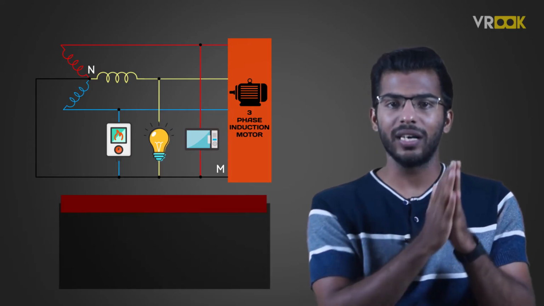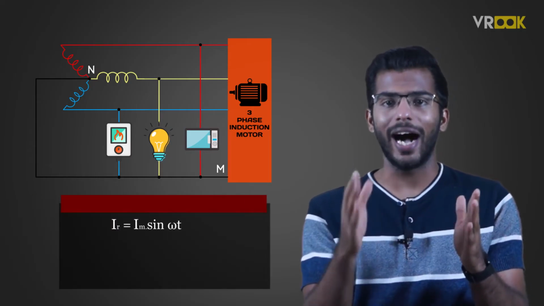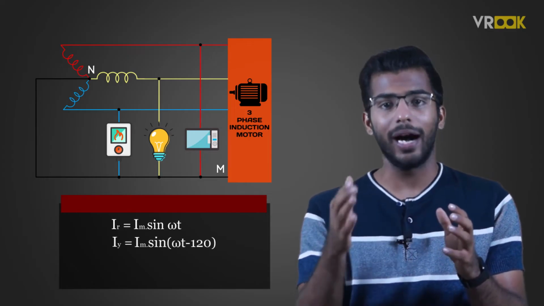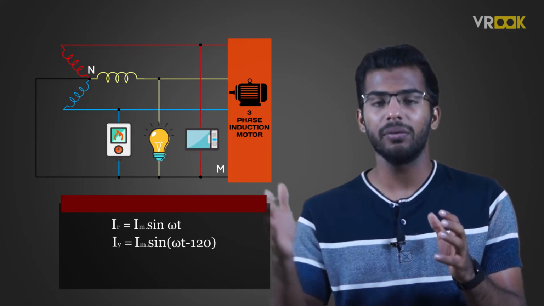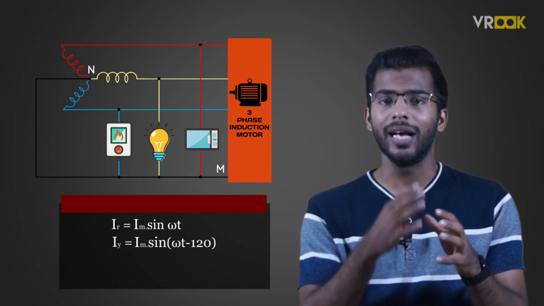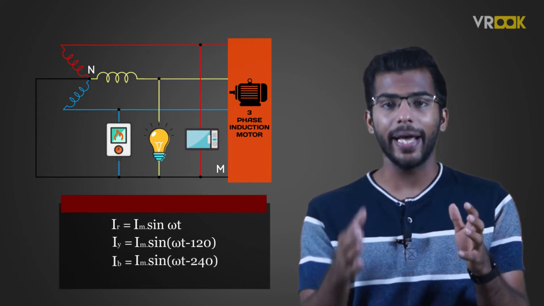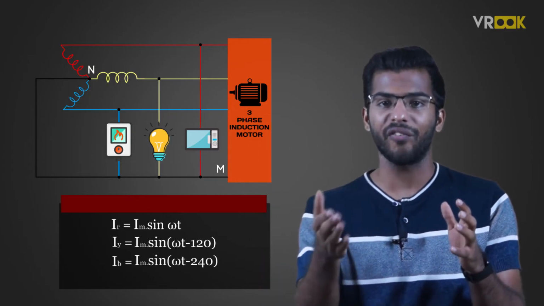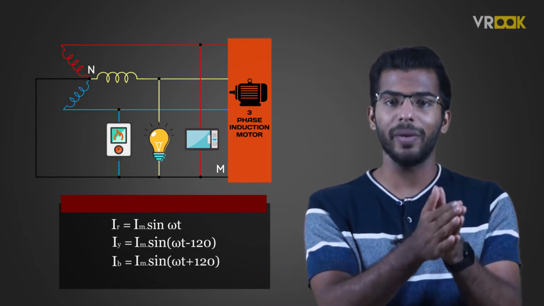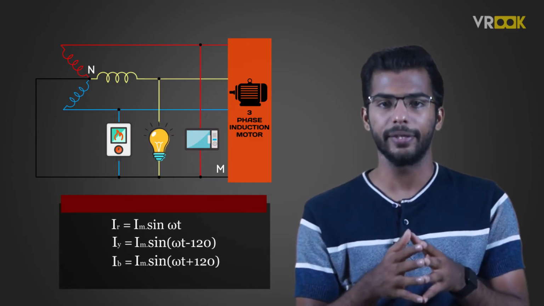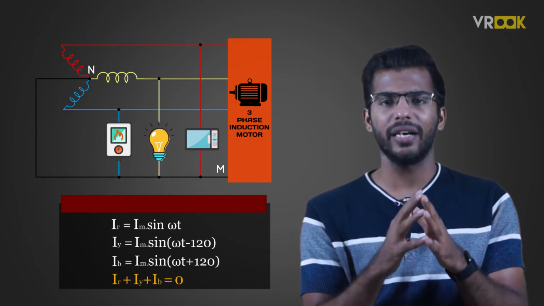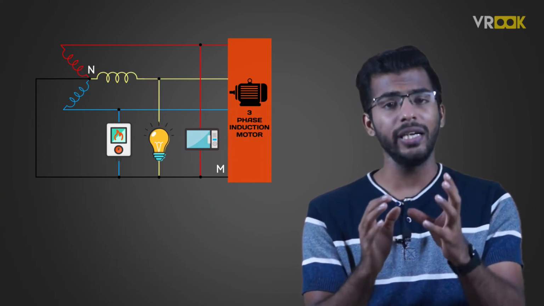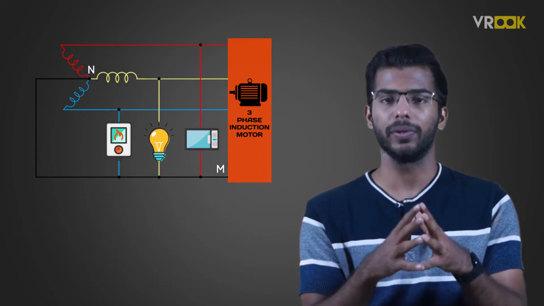This is because IR is equal to Im sin omega t, IY is equal to Im sin(omega t minus 120) and IB is equal to Im sin(omega t minus 240), or we can write it as Im sin(omega t plus 120). If we add all these currents, the sum will be 0. So, the current in MN will be 0 amperes.